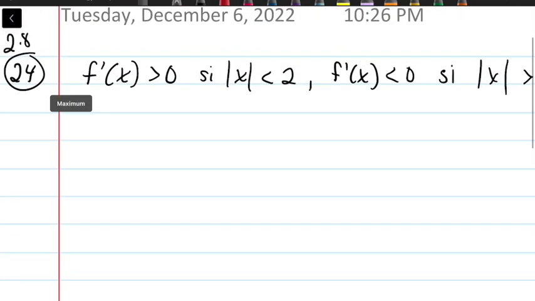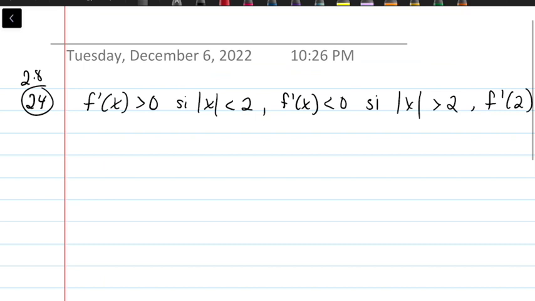So, first of all, it says f' de x est plus grand que 0 si la valeur absolue de x est plus petite que 2. So that means f' de x est plus grand que 0 si, and then what does this mean?